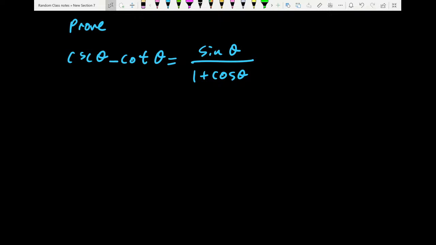So what side do you want to pick? This one is a little bit interesting. Do you want to pick the left or the right? Does it matter?